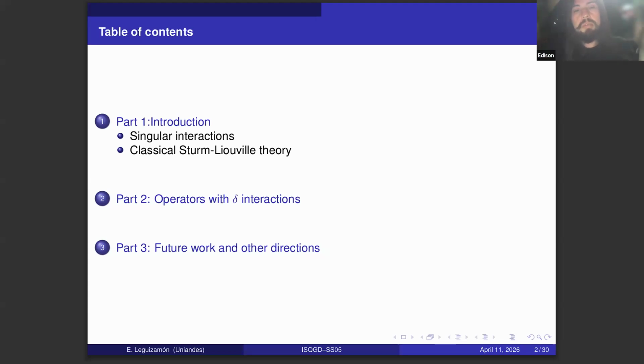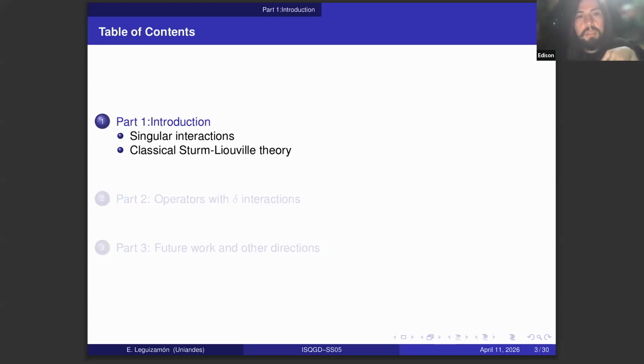In the second part, I would like to talk about the operators with the delta interactions. And finally, maybe it's not a part of it all, but just one slide with some open questions, because I'm not 100% sure if it's still open, but questions about the future work.